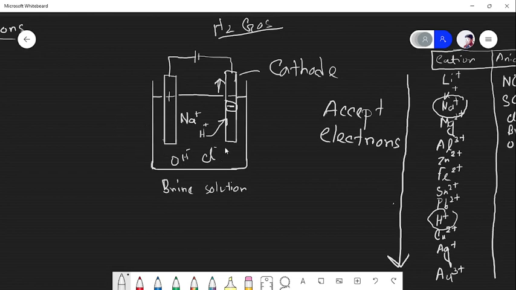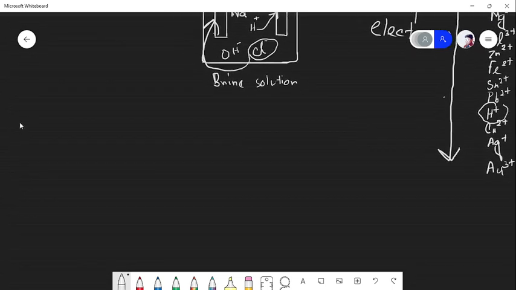But in this case, actually chloride goes to the anode. But why? It wasn't supposed to. Actually, other than the reactivity series, there is another more important concept, which is molarity.